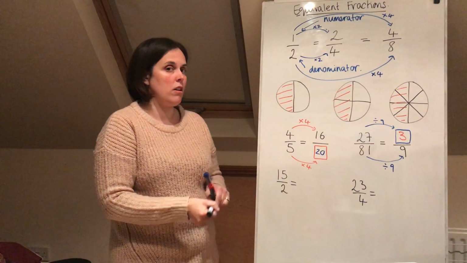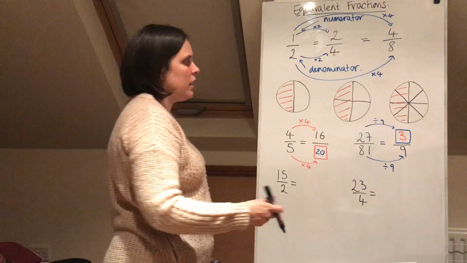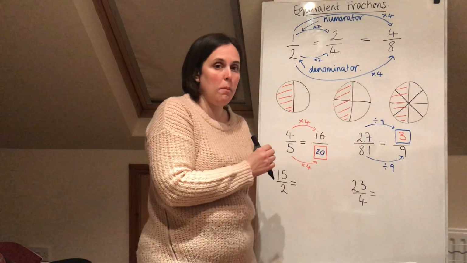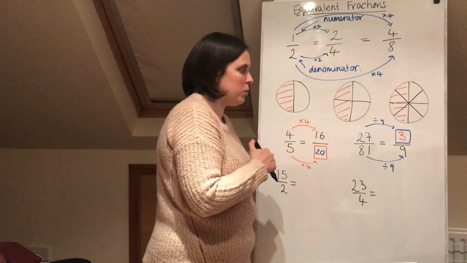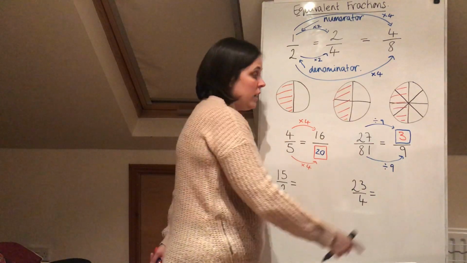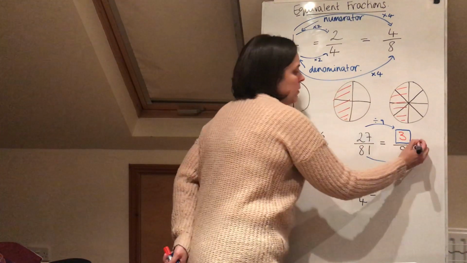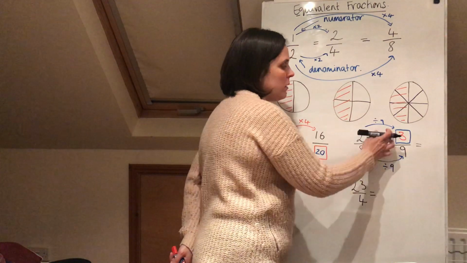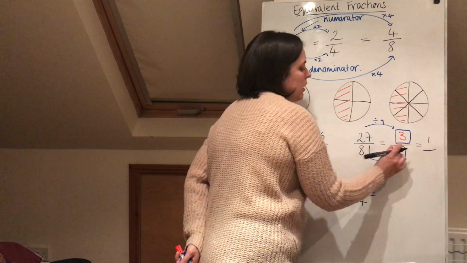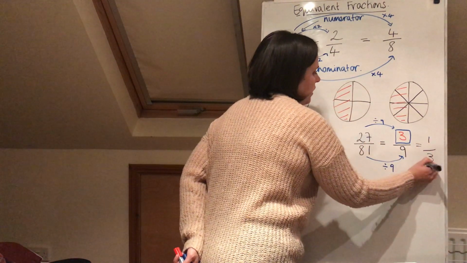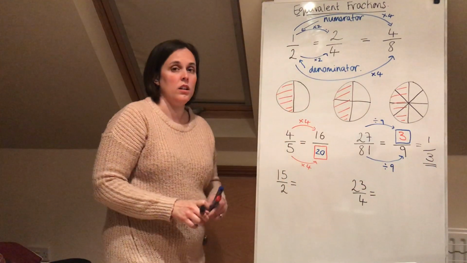The answer is yes. 3 and 9 have a common factor, and that's really important, and that factor is 3. 3 goes into both of them: 3 into 3 is 1, 3 into 9 is 3, and so the answer is 1/3.